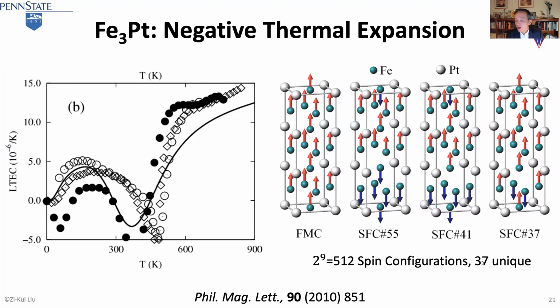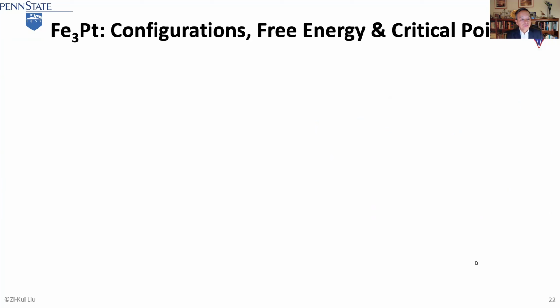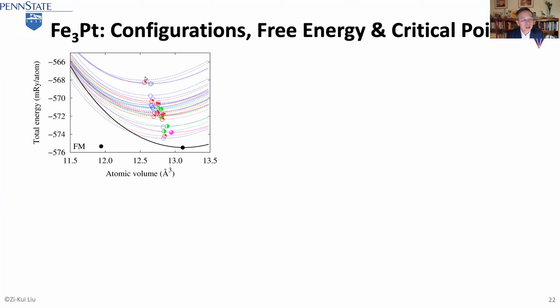But because of symmetry, 37 are unique, so we can calculate these 37 energies at 0 Kelvin, the total energy as a function of volume. You can see that this time the ground state has a larger volume than the non-ground states. So it's the opposite of the cerium case.